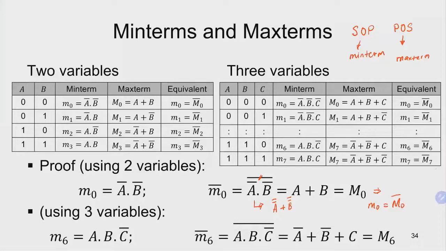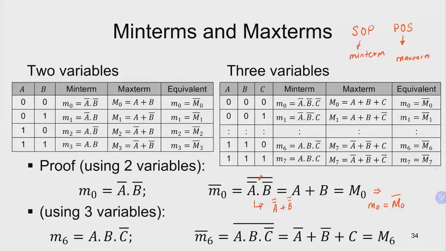So we have the minterm, A bar and B bar. And then we take the inverse of the minterm. And then we apply De Morgan. And that shows that it's equal to the maxterm. And then we also show the three variables.